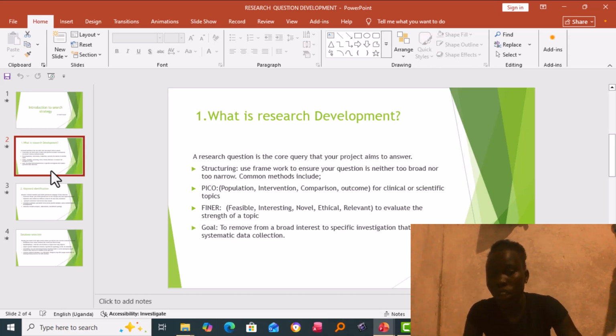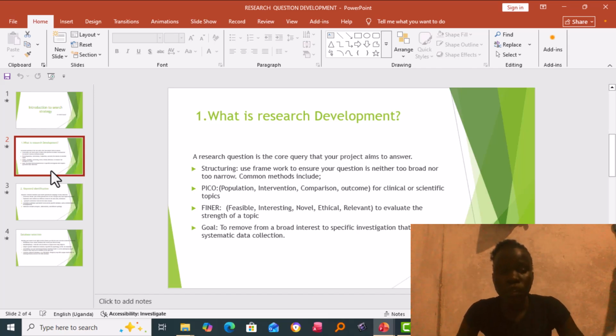Use a framework to ensure your question is neither too broad nor too narrow. You can use the PICO method, which stands for population, intervention, comparison, outcome, for clinical or scientific topics. We also have FINER, which stands for feasible, interesting, novel, ethical, relevant, to evaluate the strength of the topic.